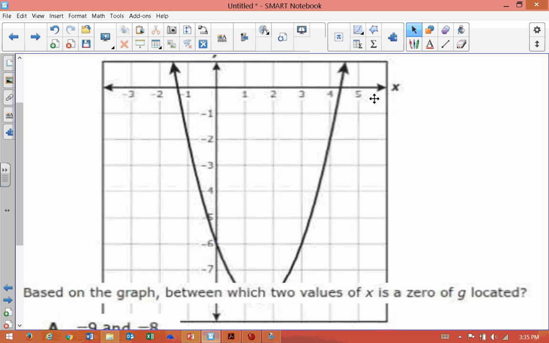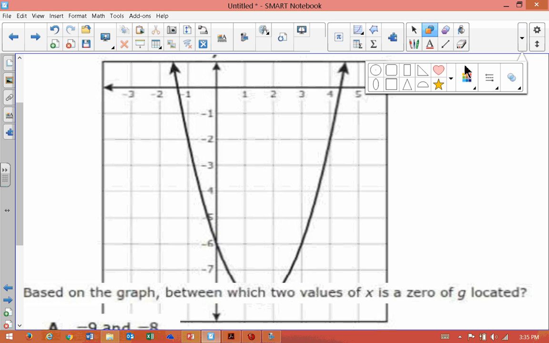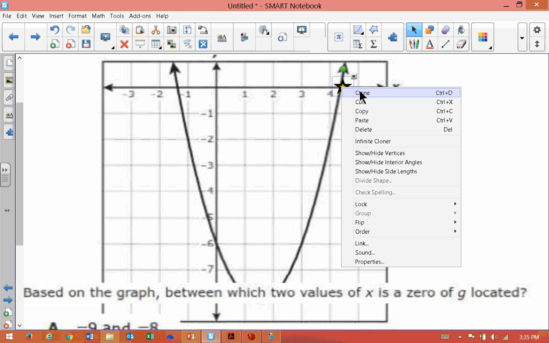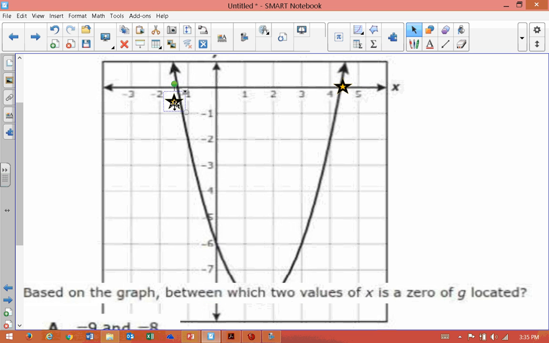And there's another zero between 4 and 5. I'll put a little star right where I'm looking. So I have a root here, and another root right here. So I have 2 zeros.